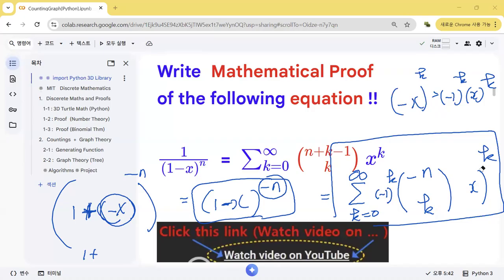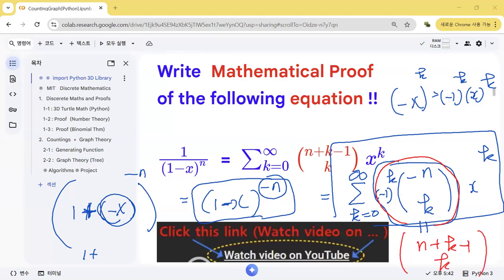Then this is okay. So now you must compute this one, and the goal of this proof is that you should show this one is equal to n+k-1 choose k.